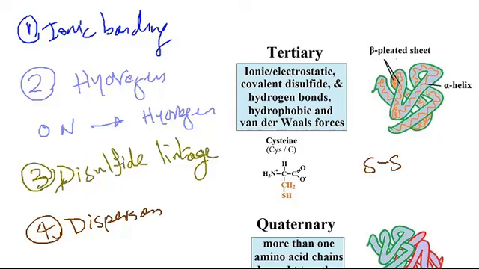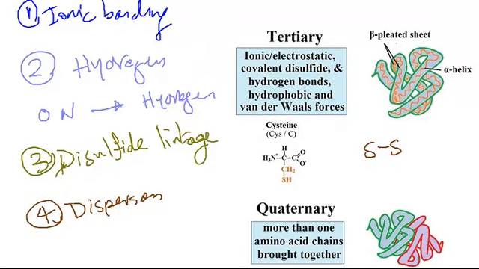All right, and then the final structure is the quaternary structure, which refers to proteins that contain multiple polypeptides that are brought together. So in this example, you can see that a green polypeptide is brought together with a red one. So this is an example of a quaternary structure. More than one amino acid chain is being brought together.